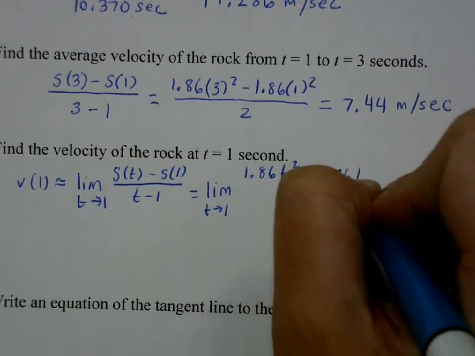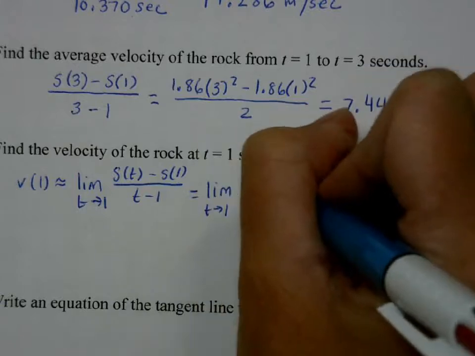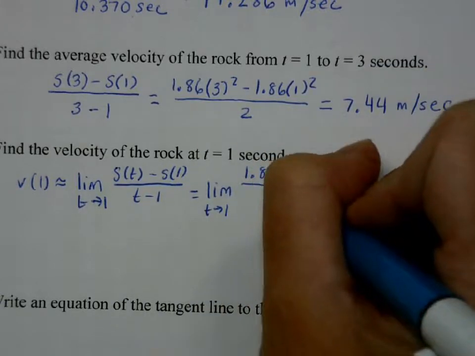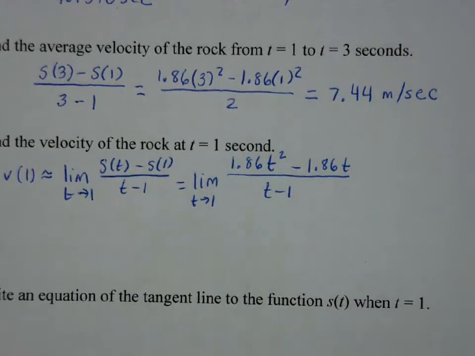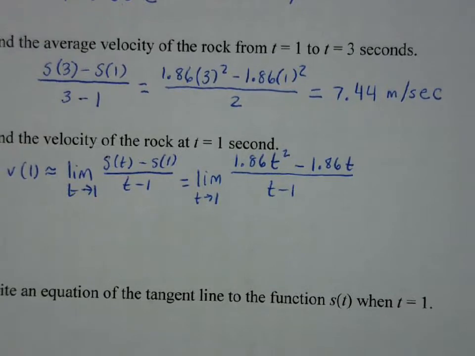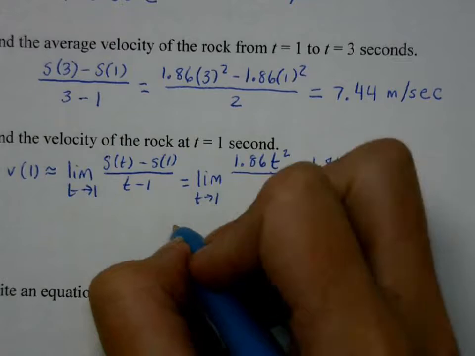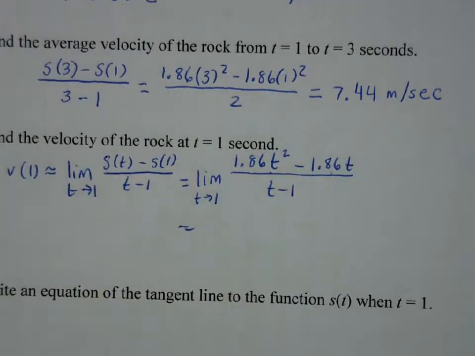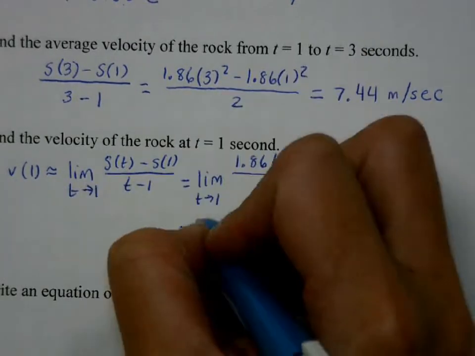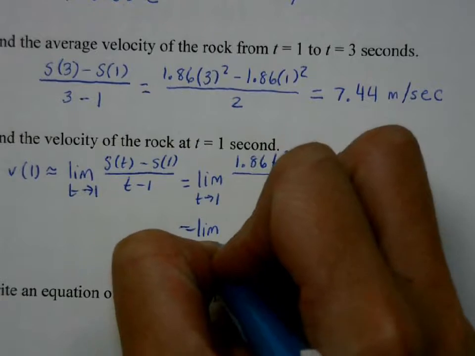Well, I can factor out the 1.86, which will leave me with t minus 1 times t plus 1 over t minus 1.